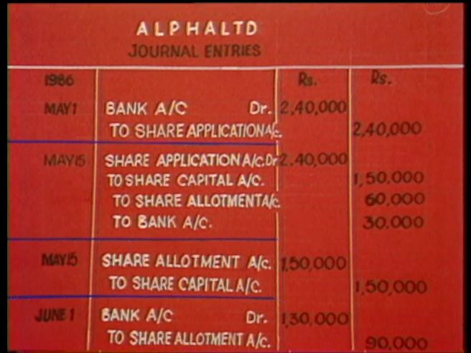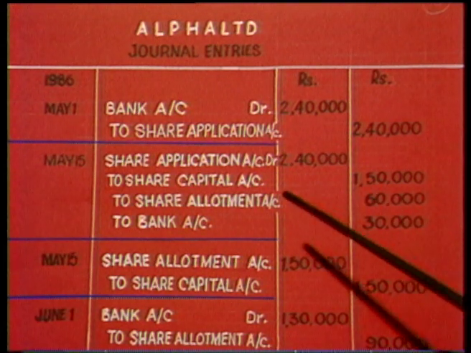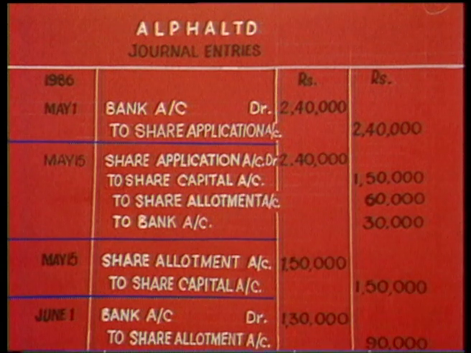We have to account for the allotment money received, 2,40,000. And for the 50,000 shares, they are effectively allotted at the rate of rupees 3 per share. On 50,000 shares, we transfer rupees 1,50,000 to the share capital account.